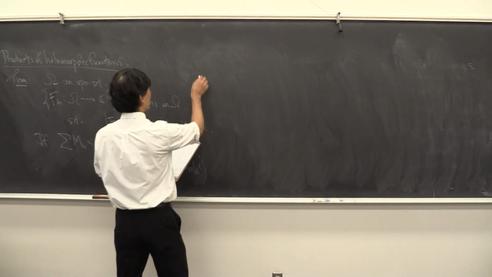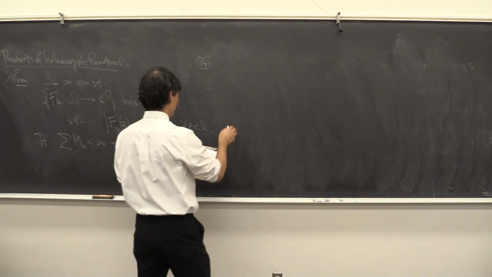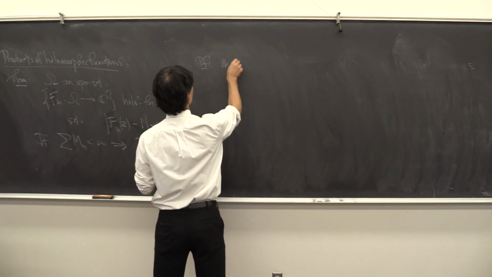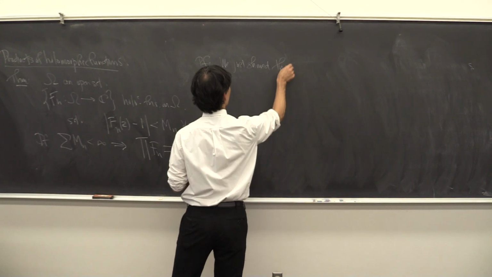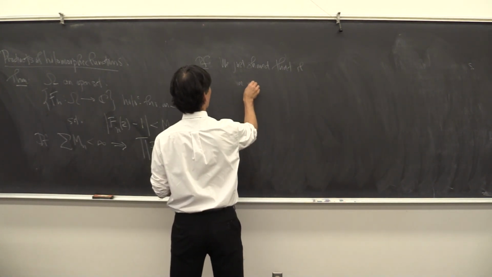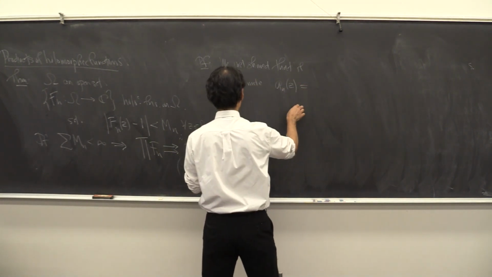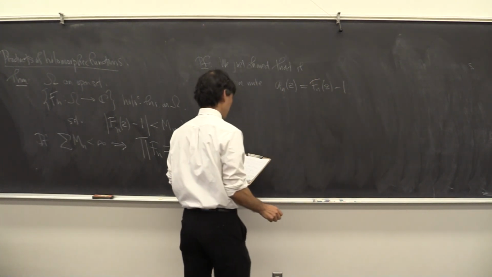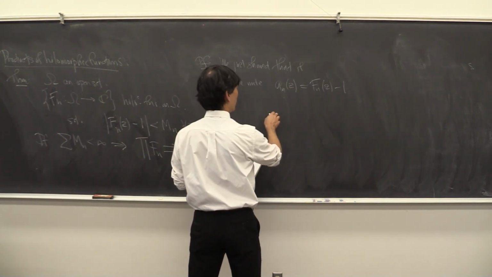Okay, so here's the proof. You say, well, look, we just showed that if we let a sub n of z be f_n(z) minus 1, right?